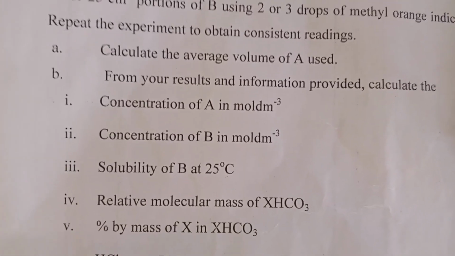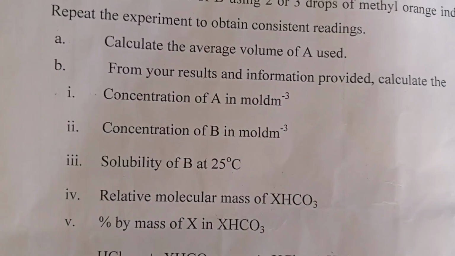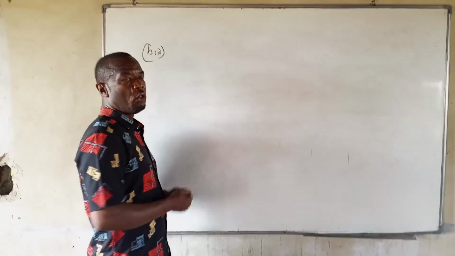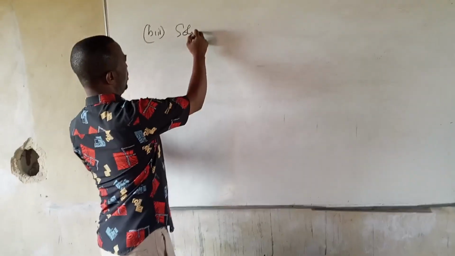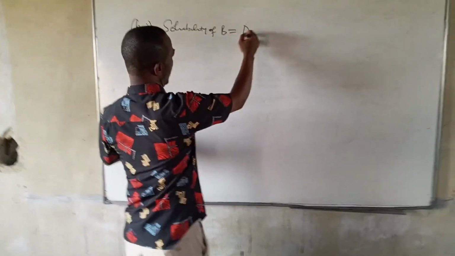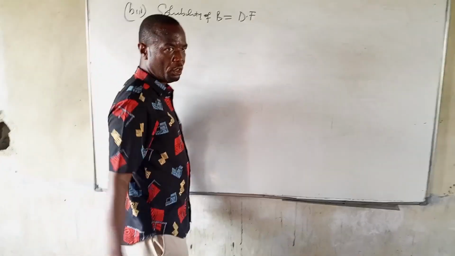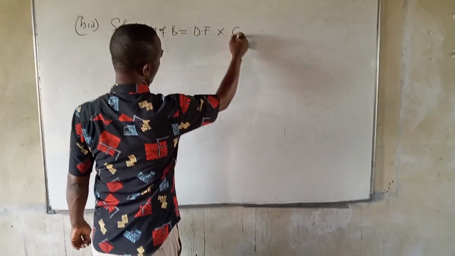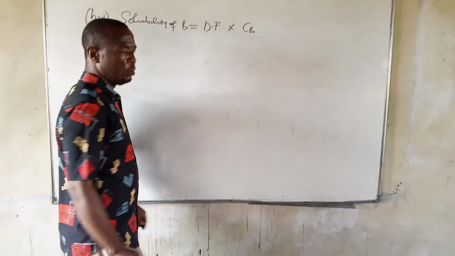So let's see how we can evaluate solubility of B at 25 degrees Celsius. Finding solubility of B, we use the formula DF, the dilution factor, times concentration of B in mole per dm cube.